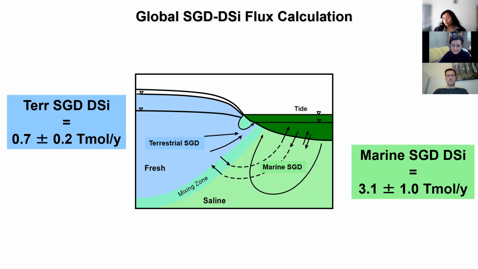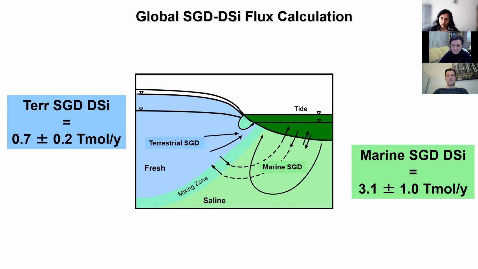This was huge for us because you're corroborating that submarine groundwater discharge inputs are the second largest source of dissolved silicon to the ocean.